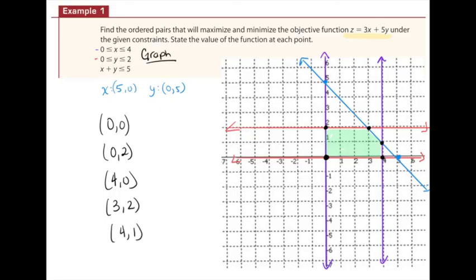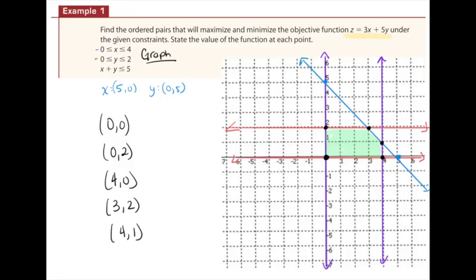Now, we're going to do some with larger numbers, and sometimes when you get to the larger numbers, you have to do your little exclusions or your eliminations, but this guy was nice. Those are my 5 points that I need to check. Now, on this one, they want me to both maximize and minimize this objective function.